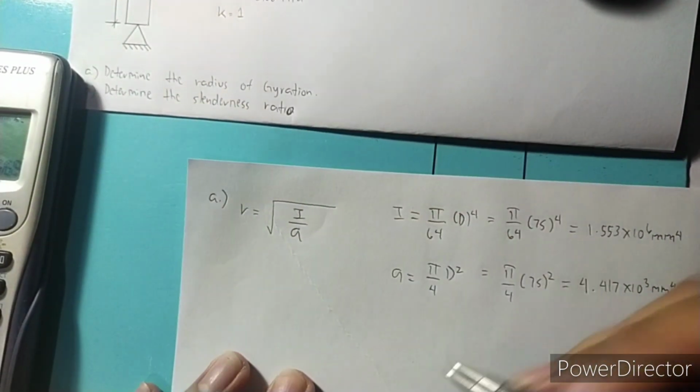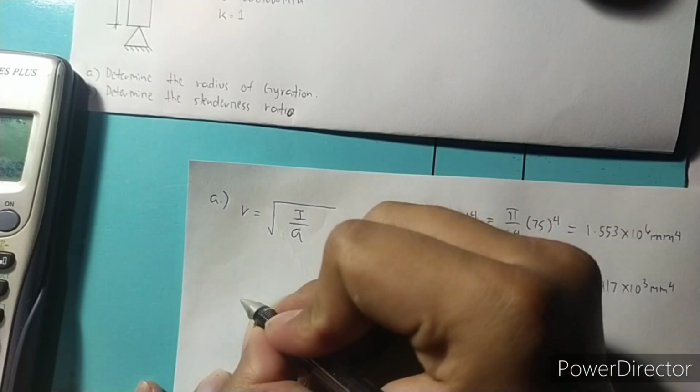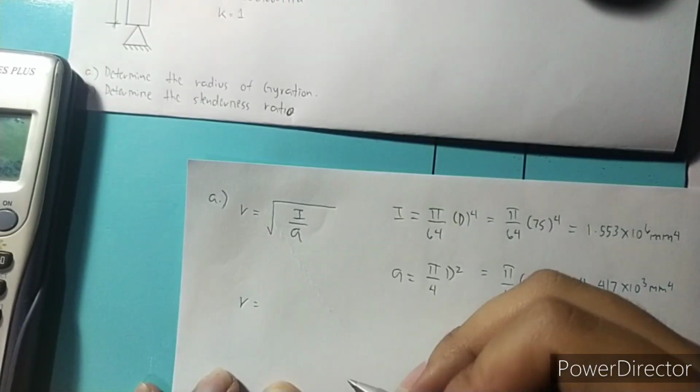Direct substitution again. With our I and A, we can get the radius of gyration.